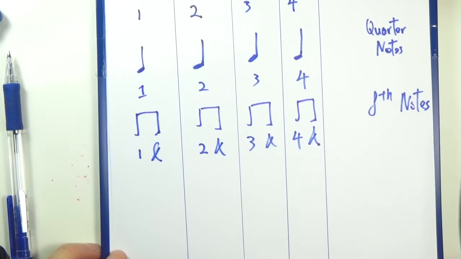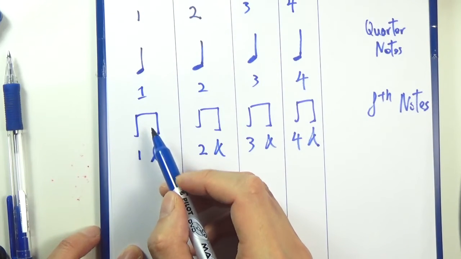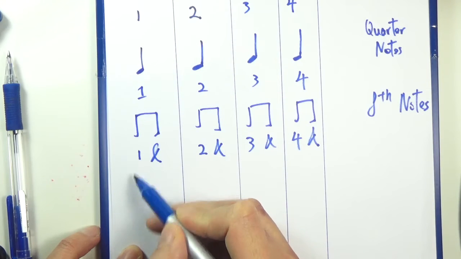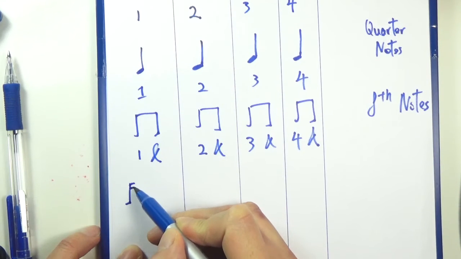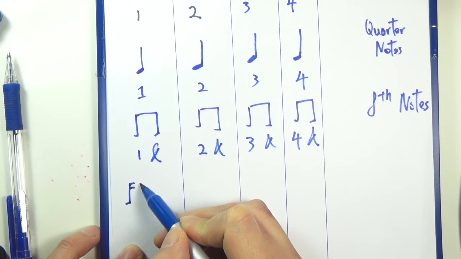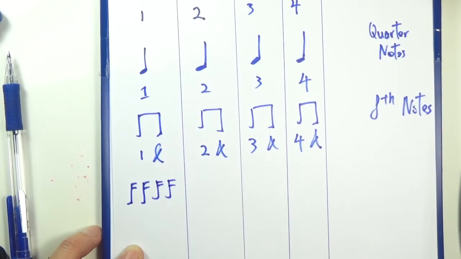Let's go for the 16th notes. This time we're also dividing the 8th notes into 2 equal parts. So you will have something like this. For every 8th note, you'll have 2 of these. Okay, for the first beat, I'm just going to do it like this. Alright.